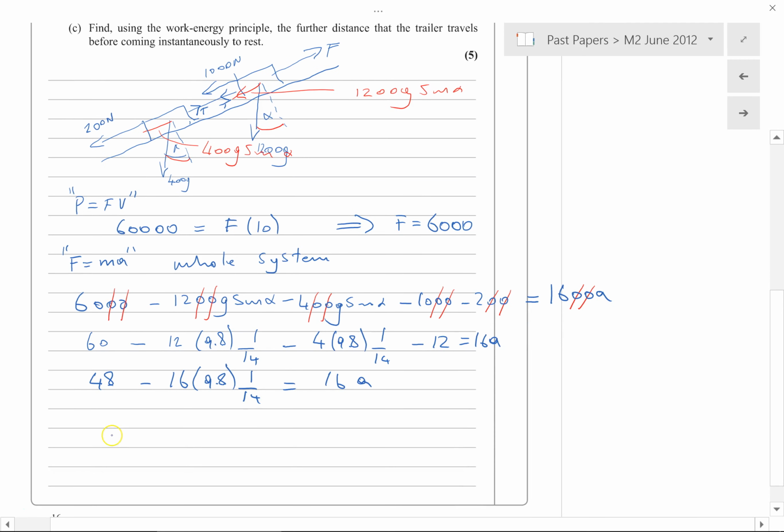I'm going to divide through by 16 now, so we've got a is equal to 3 minus 9.8 over 14. Right, so I'm going to use a calculator now. Oh no, don't give up, John, you can do it. 3 minus 4.9, sorry about this, you can always fast forward if you want, divided by 7, so that's 2.3.